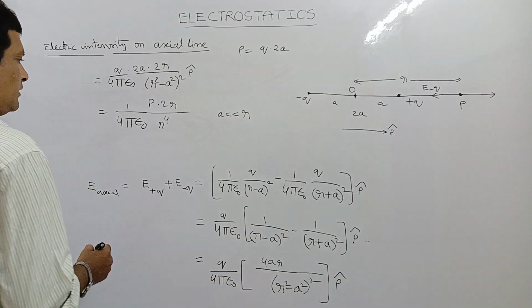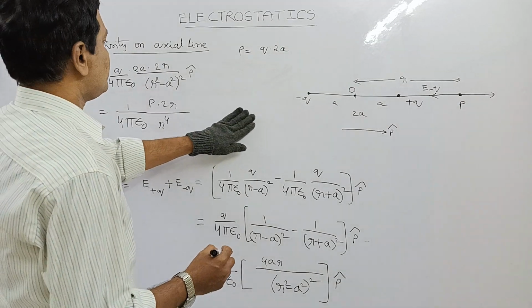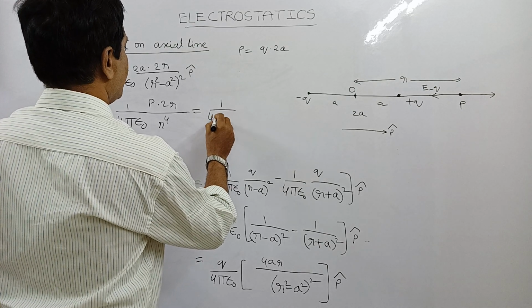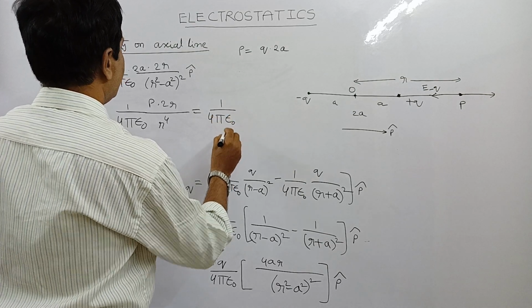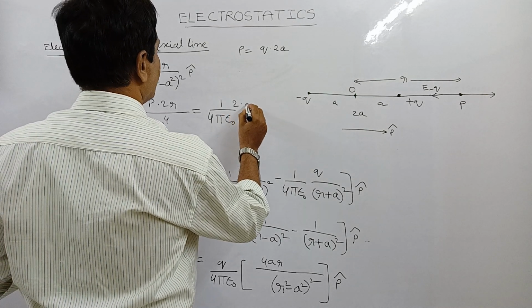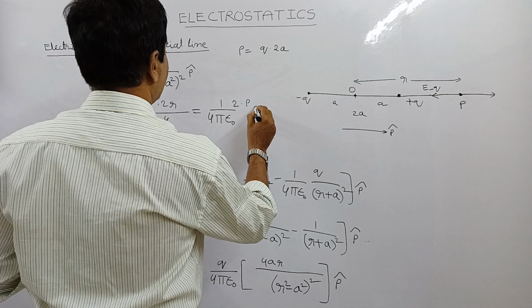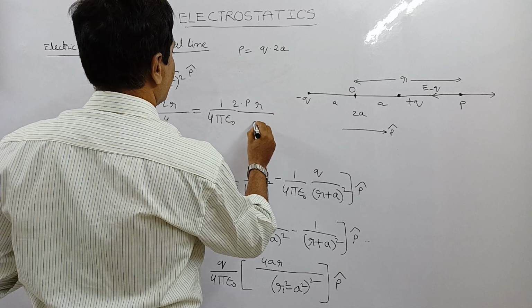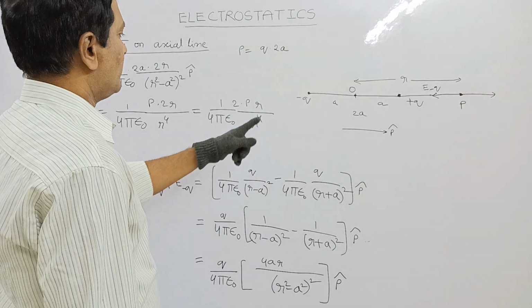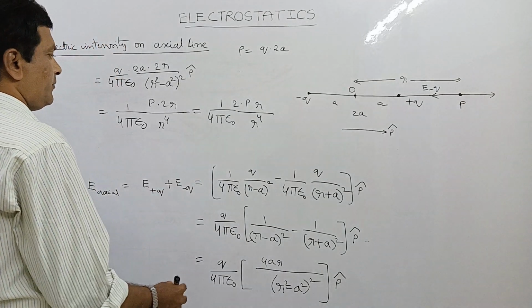Again you can write this equation as 1 by 4 pi epsilon naught into 2 p into r by r power 4. So we can cancel r in the denominator.